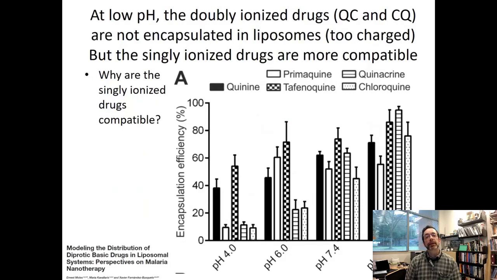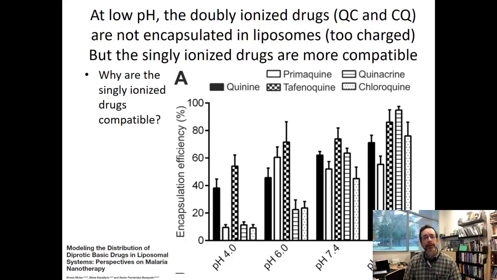So this does fit with how things look. These are arranged so that they have the doubly ionized drugs on the right side. They have all 5 of the antimalarials. The first 3 are singly ionized at neutral pH. They're the red ones. The second 2 are doubly ionized, which were green on the previous graph.